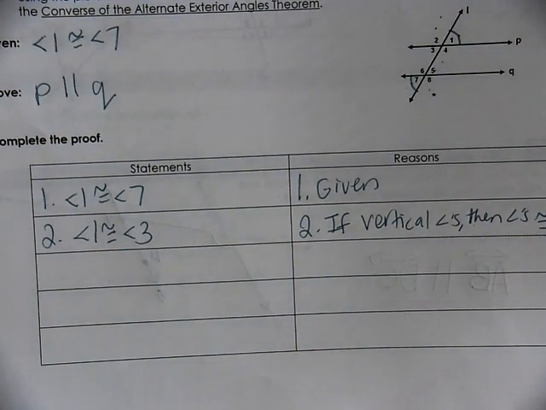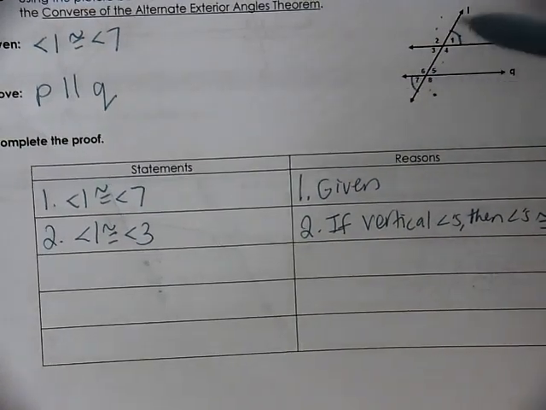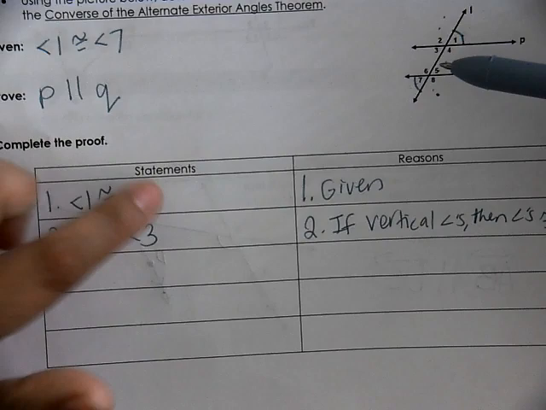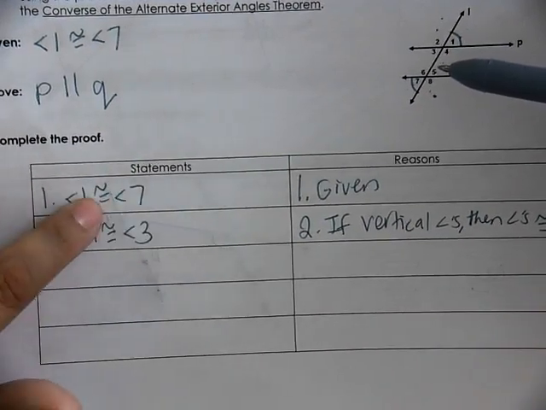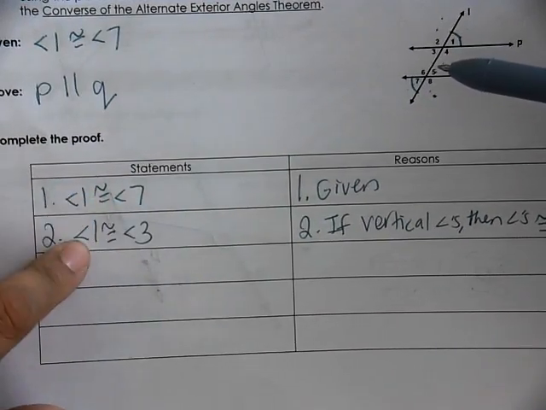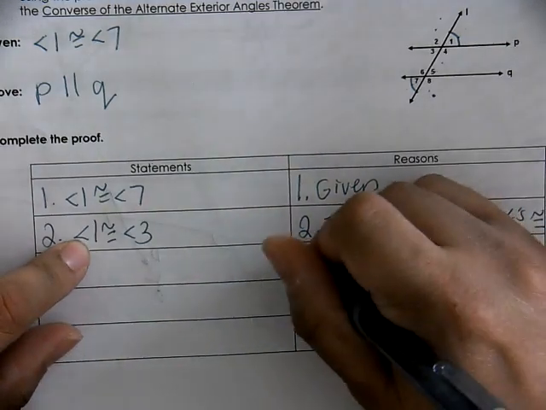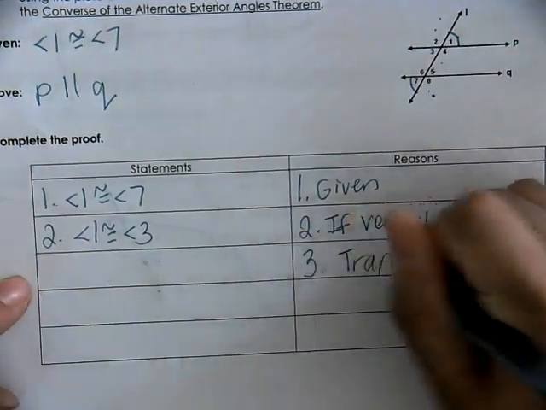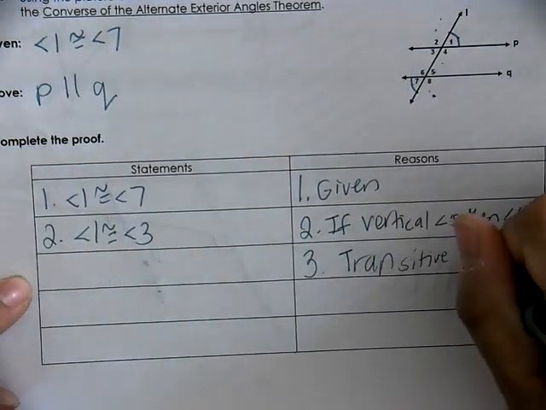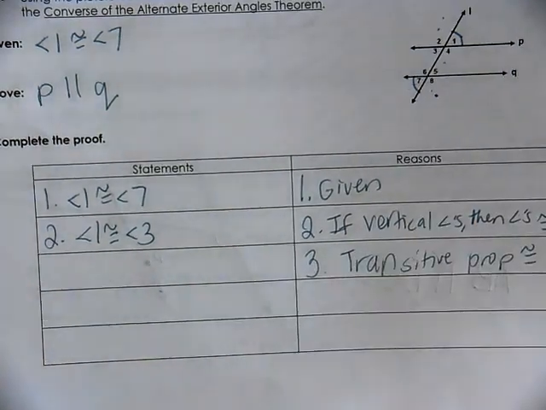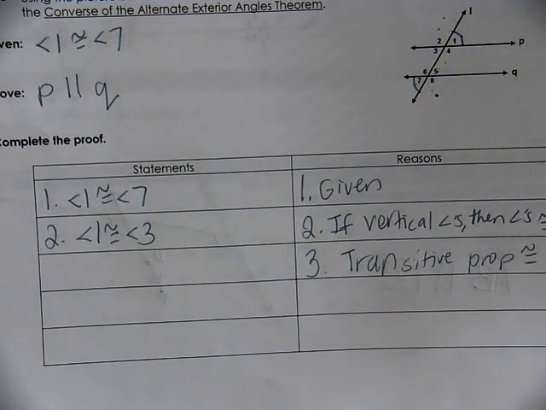You might say, well, why aren't you picking like 2 and 4 or 6 and 8? Those ones don't include any of these angles that are already here. So you want to pick one of them that repeats itself like this so that we can do transitive. Because remember, that's what we do when there's two of the same angle. Dealing with congruence, I cannot do substitution. Remember, there's no such thing as substitution property congruence.